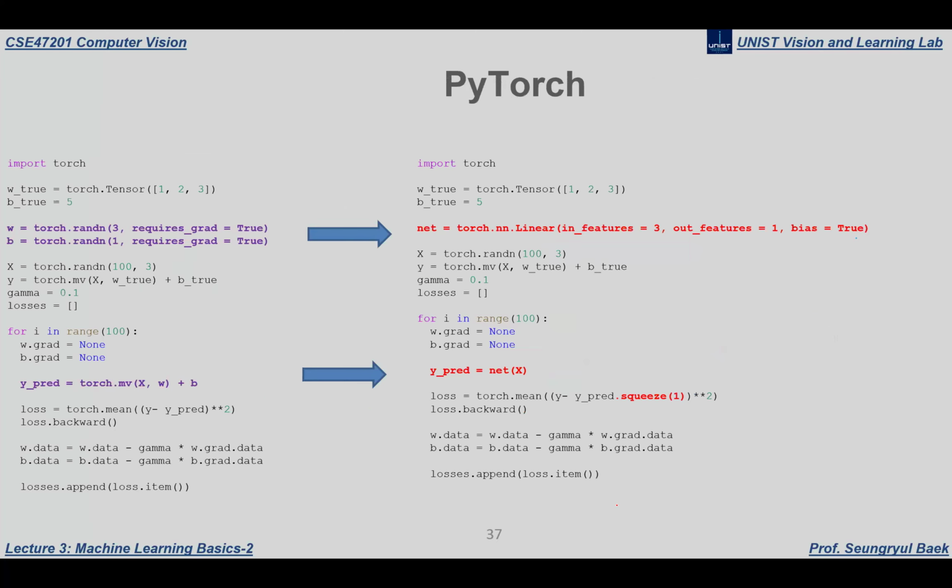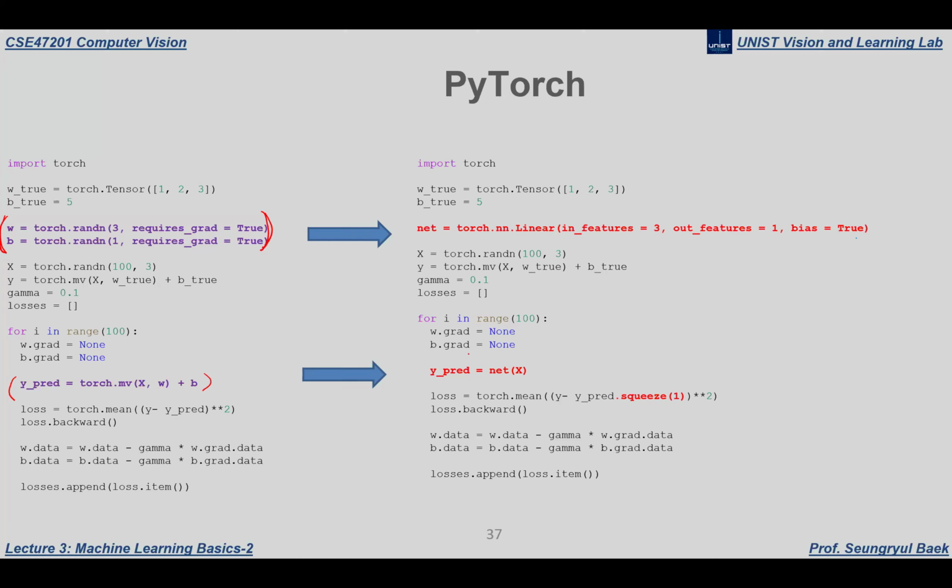And I will explain more PyTorch-like code. Previously, we had to define the W and B parameters explicitly.